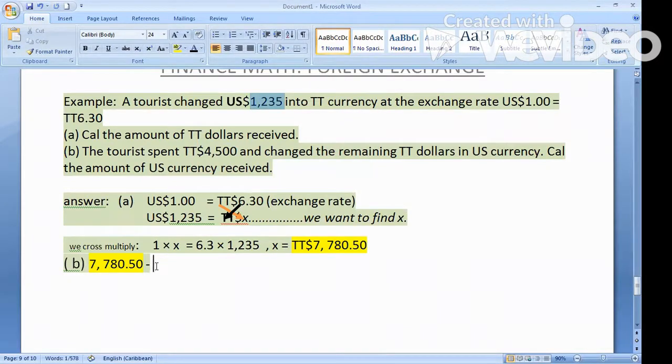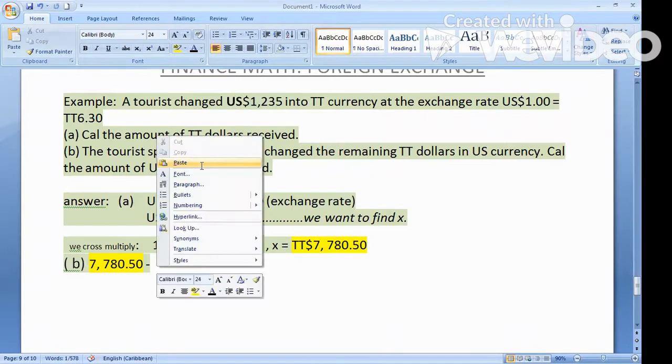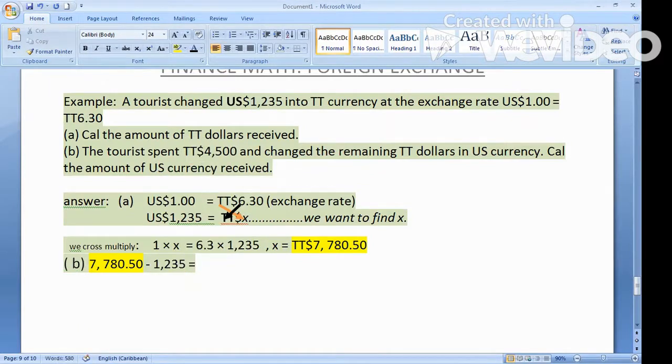So we subtract those two. $3,280.50: 3,000, $280.50, 50 cents.